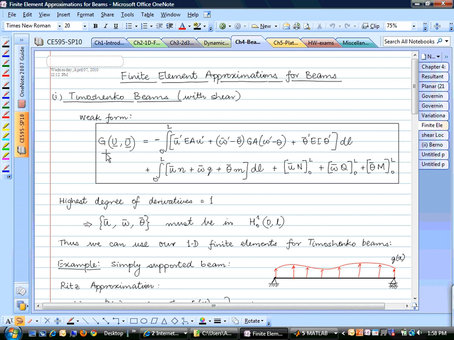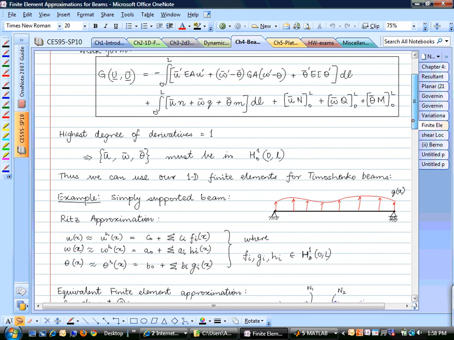So first we'll consider the Timoshenko beam that includes shear. And just like I told you, the weak form for the Timoshenko beam is this. If you remember from our two-dimensional or one-dimensional problems, once we set up the weak form, all that we need to do is plug in expressions for U or W and theta, and follow the algebra to set up our equations of equilibrium.